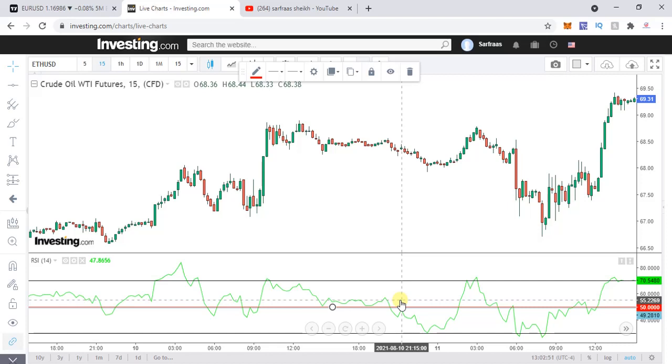Soon I'm going to cover the stochastic and the MACD, and finally we will learn to play around with multiple indicators and how to go about the trading. Now in this particular case, I've shown you how to do the trading along with the candles and the RSI. But as I told you, you might get certain false signals, so it makes sense to have at least a couple of indicators supporting the RSI.